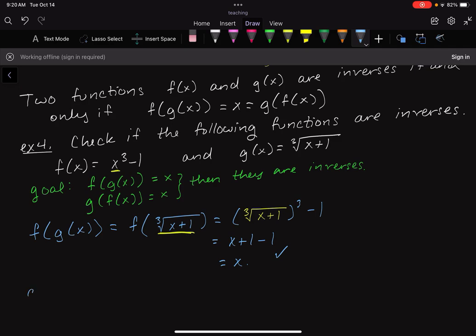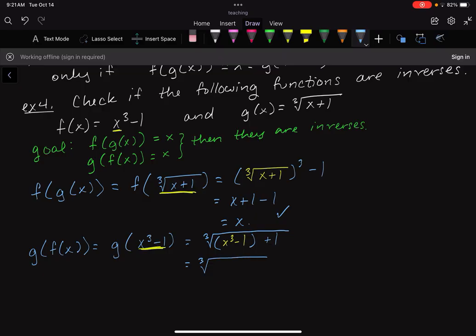Now let's do it the other way. Let's do g of f of x. So f of x was x cubed minus 1. So I'm plugging that into my g function. My g function says the cube root of x plus 1, but instead of x in those parentheses, I'm going to write in x cubed minus 1, because that's my f function. Then we can simplify.